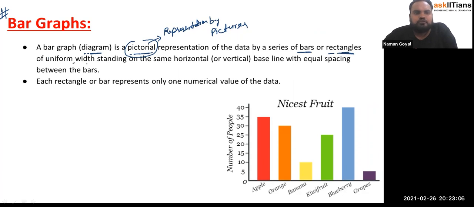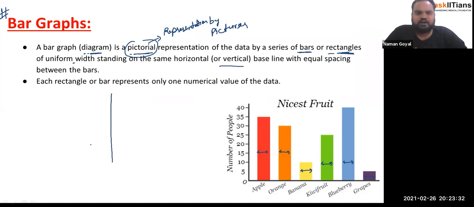Of uniform width. The width should be uniform. If you use proper graph paper, then you have to draw bars with uniform width. Height can be different, it depends upon the data, but the width of the bars in a bar graph is fixed, standing on a horizontal line or a vertical line.